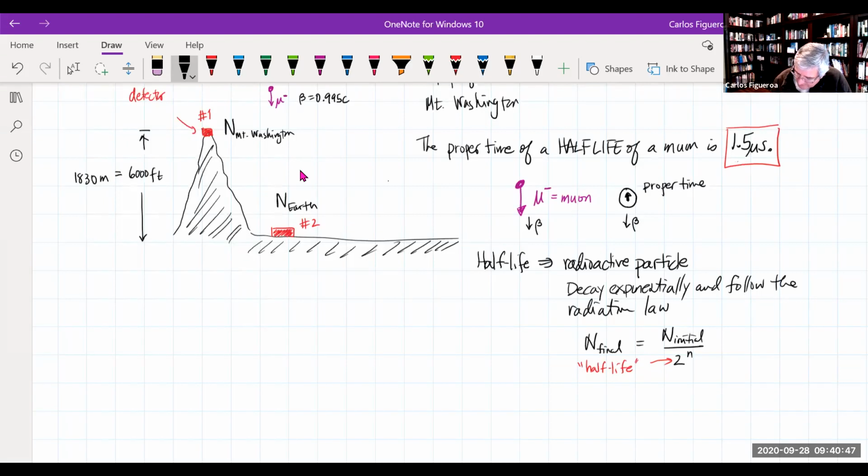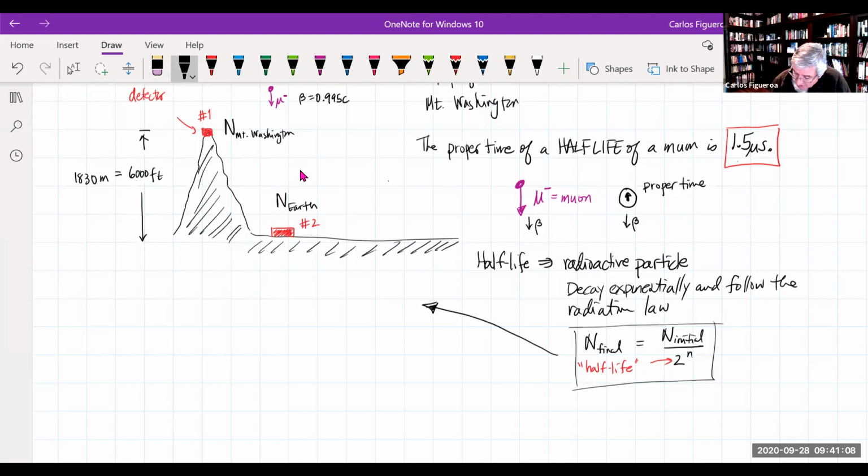So when I look at this radiation law, I'm saying that if I detect this number of particles at detector number 1, by the time I get to detector number 2, if these guys are literally radioactive, they have to follow this radiation law right here.